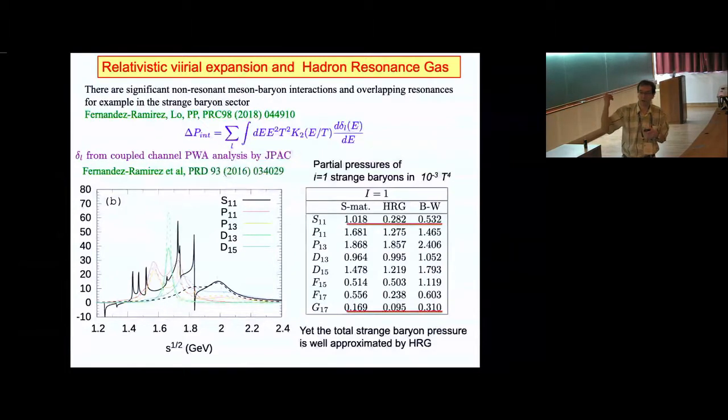So you have effective degrees of freedom, which are some resonances that I didn't put in. The people who did the partial wave analysis treated it in this way, because they also have their own limitations. So what I'm saying is that although I'm using only the second virial coefficient, some of the three-body terms are included.